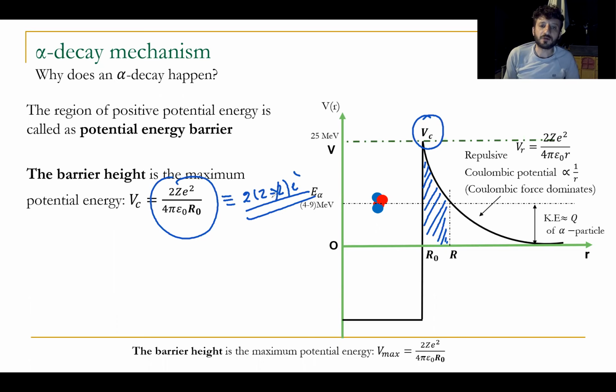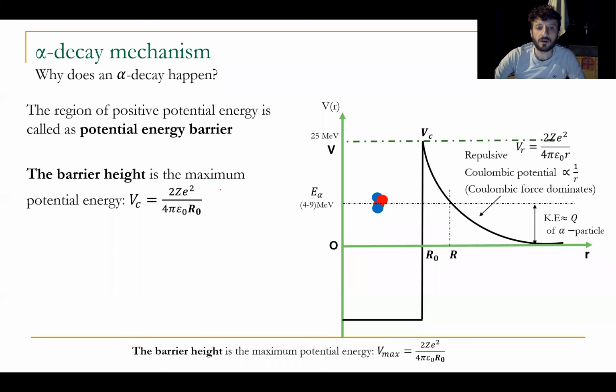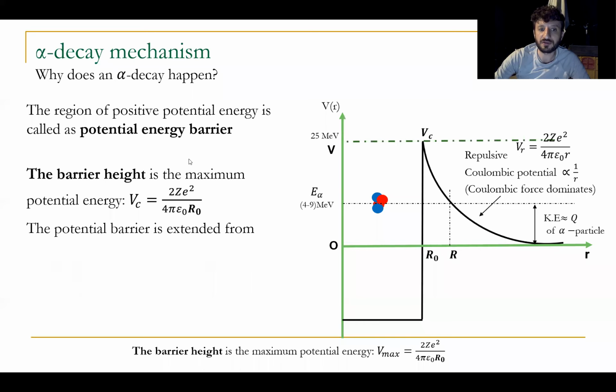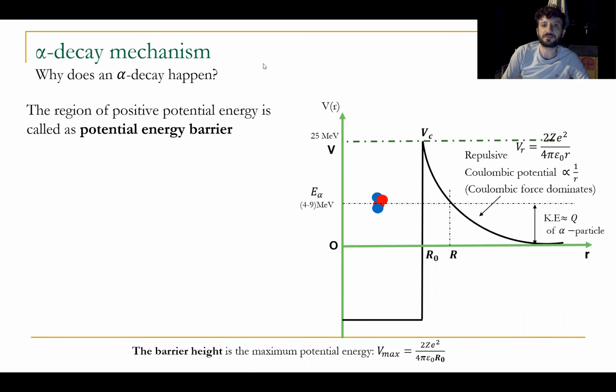We can eliminate the 2 and write finally V Coulomb maximal equals 2Z E squared divided by 4 pi epsilon 0 R0. So the potential barrier is extended from R0 to capital R.